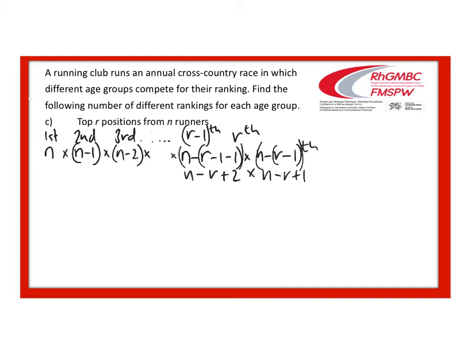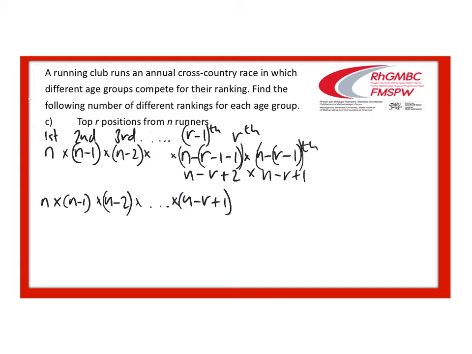So what I can do is use the ideas from our last two examples to get to a point where we have a formula, a simpler way of expressing this. So I've got n times n minus 1 times n minus 2, and this will go all the way down to n minus r plus 1.